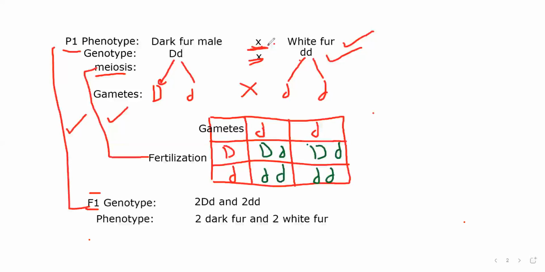So the correct gametes written, I can decide to credit the mark here, but if you've drawn a Punnett square, I can credit the mark for the gametes down here on the Punnett square. So 1 mark for correct gametes and another mark for correct genotypes of the F1. And if you count the marks now, already I'm with 6 marks already. That is 1, 2, 3, 4, 5, and 6 marks. That's already 6 out of 6.